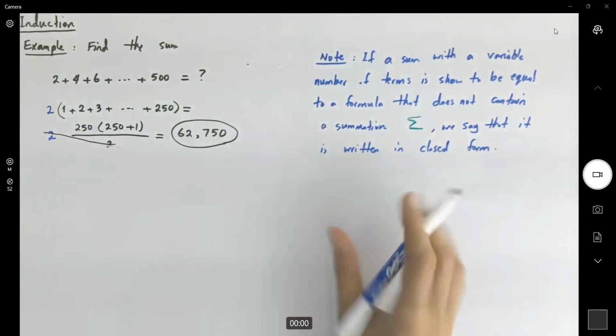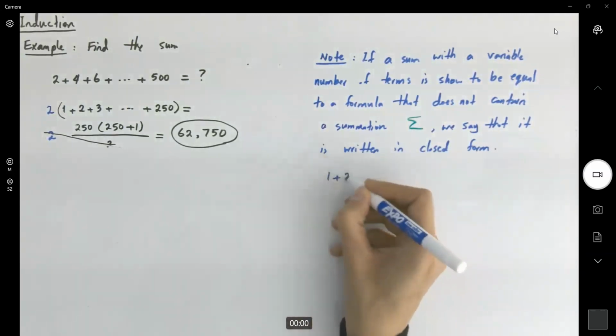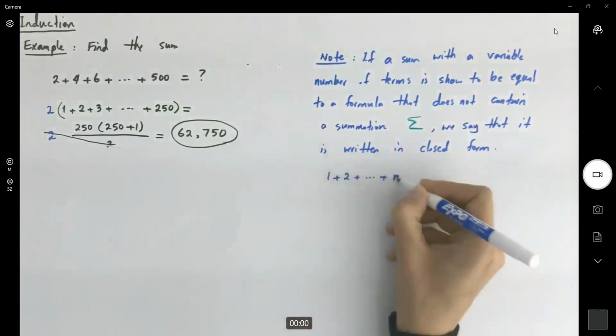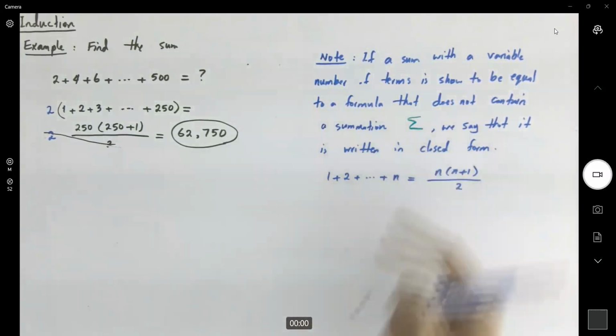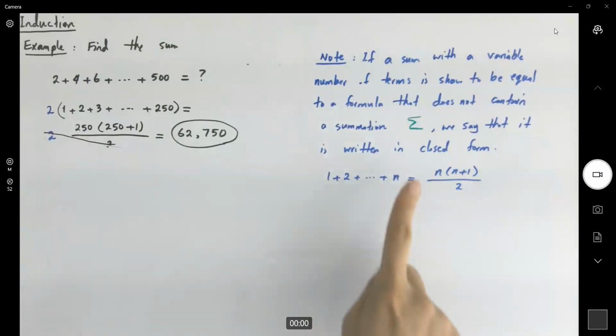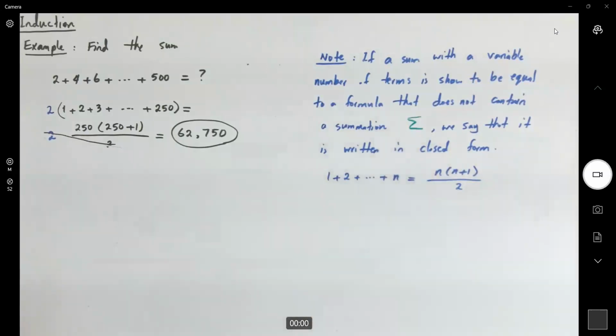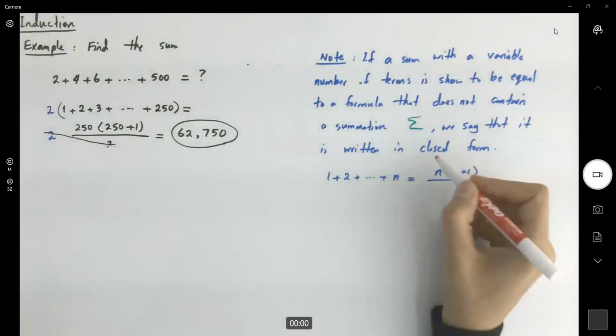For example, the formula that you learned, 1 plus 2 plus up to n is equal to n times n plus 1 divided by 2. As you can see, it doesn't have any summation notation. It's just a closed formula that you have. Okay. Closed form.